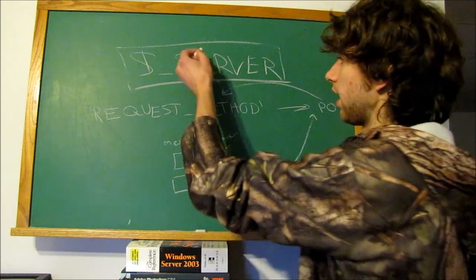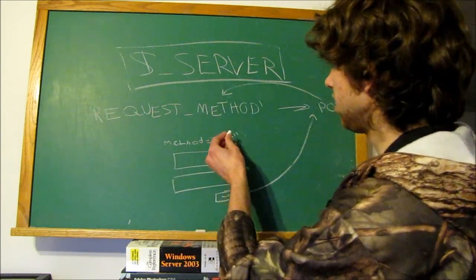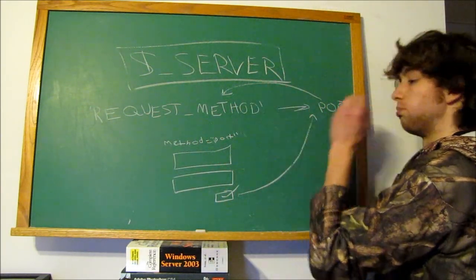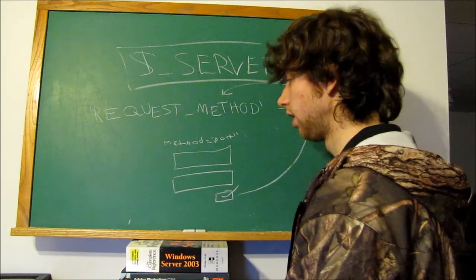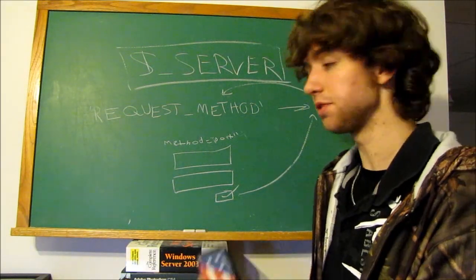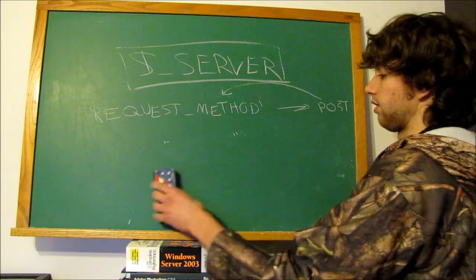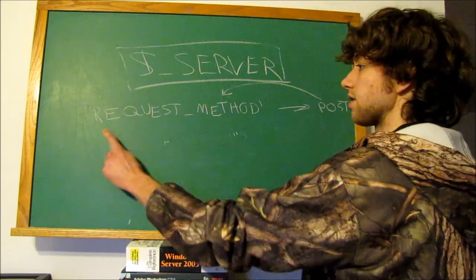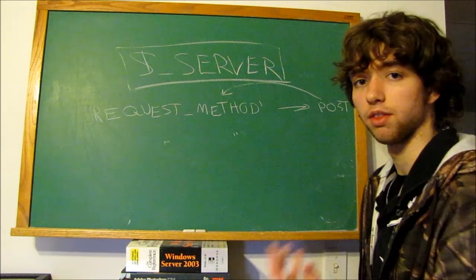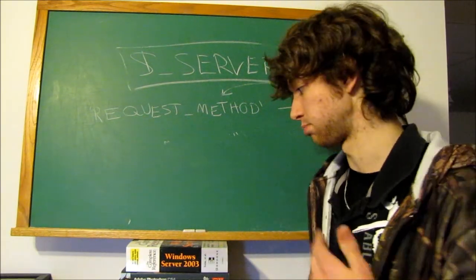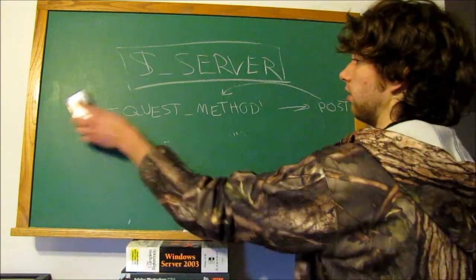So that means this array contains the key request method and it points to the value post. So we can turn this into a test and say, if this has the value post, that means the form has been submitted, right?